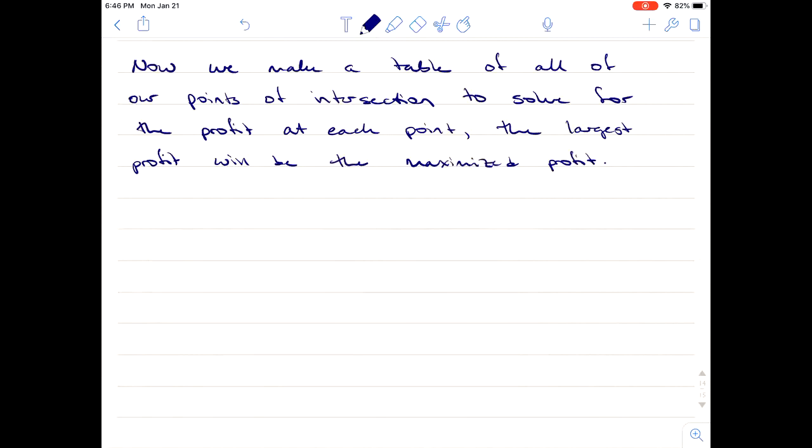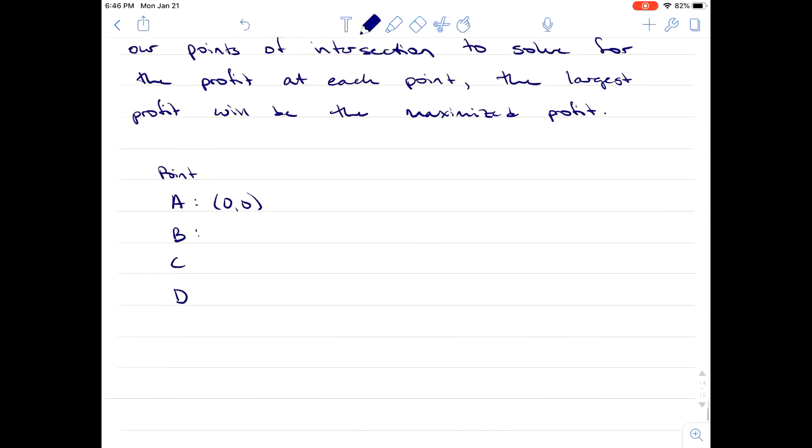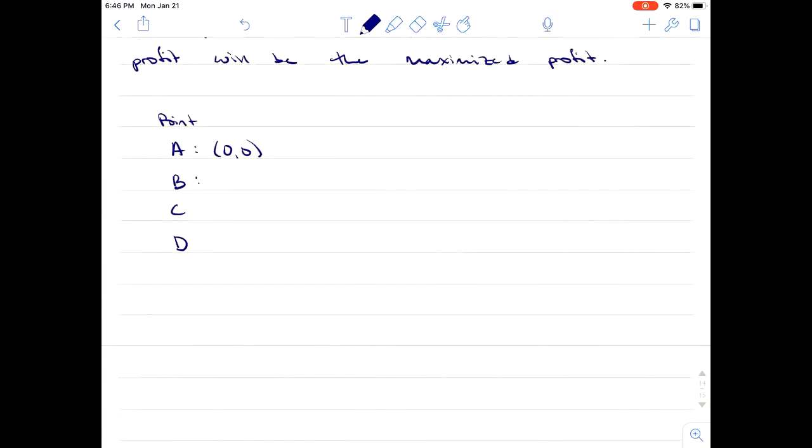So if we make a table, here we've got our points A, B, C, and D. A was at 0, 0. B was at 0, 100.